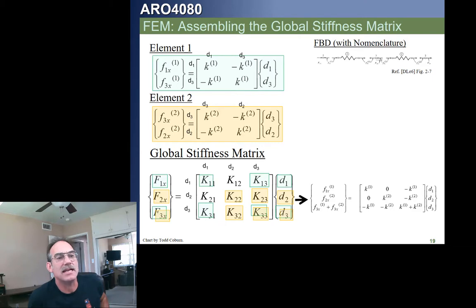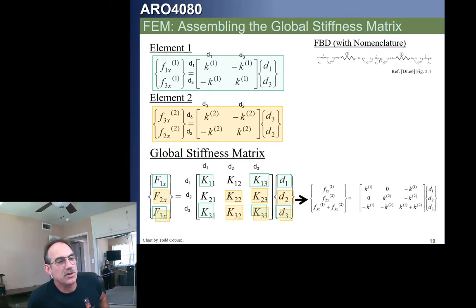Element 1 is not attached to node 2, therefore there's no term, so that's 0. We see at node 3, all we see is this term right here, right? And then looking at the second guy, and so on. Taking a look at which ones, you'll see here, this is only affected by 1, this is only affected by 1, this is the global one, this is the local one as well.